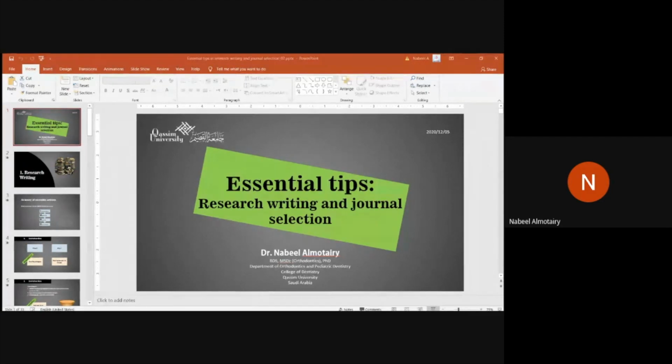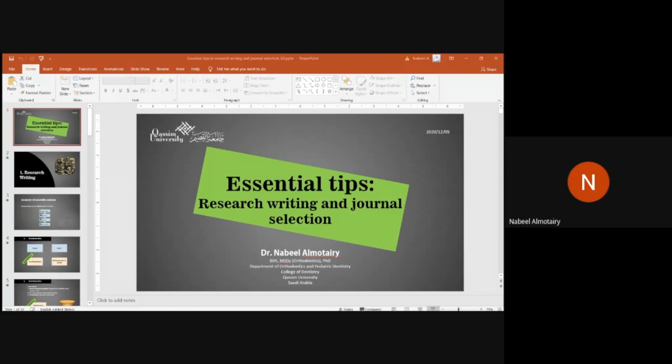Okay, so about research writing, usually the anatomy of scientific articles follows the IMRD structure, which refers to first introduction, and then the methods section, and then the results section, and finally the discussion.